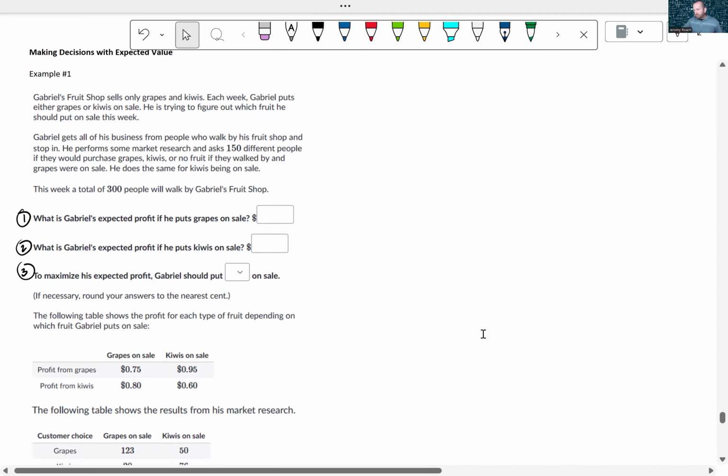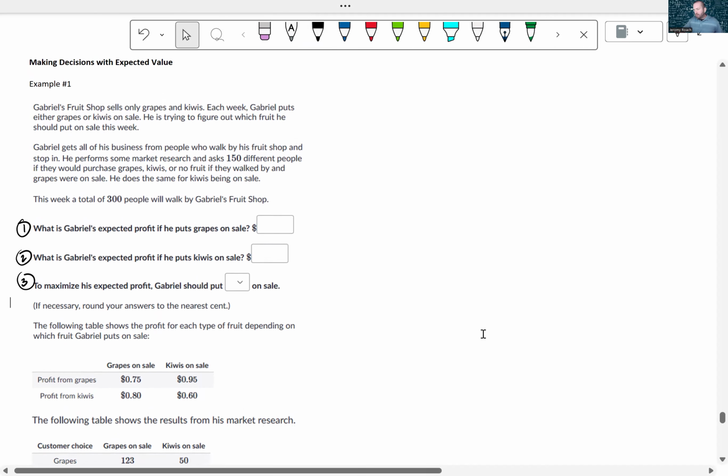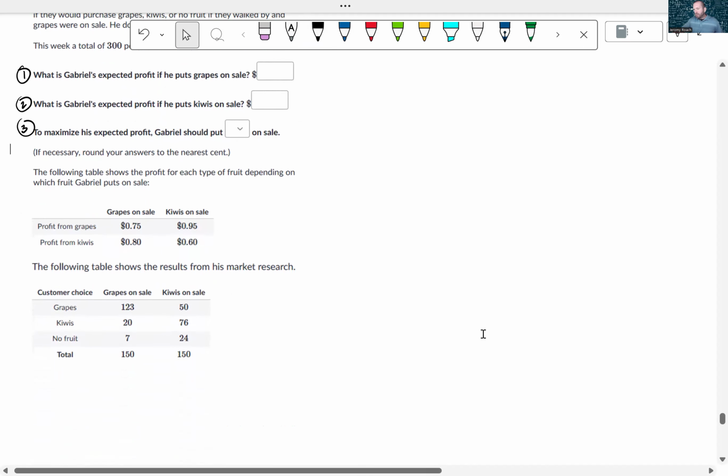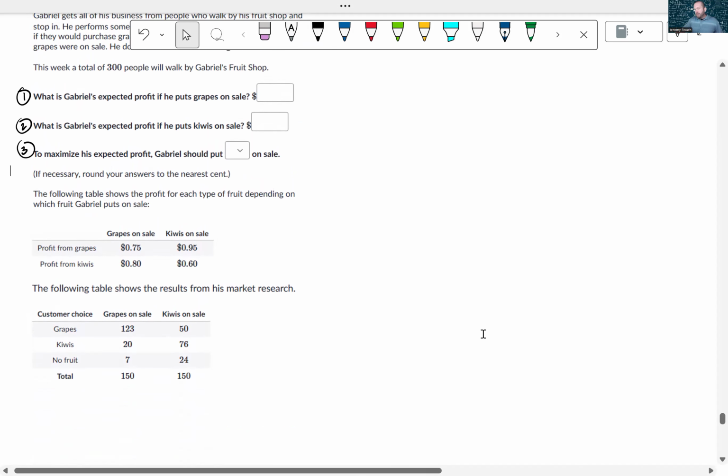So now we figured out how many people he's talking about. I think we can scroll down to this part now. This is data on the profit that he gets from the grapes when the grapes are on sale. And then also he makes profit when kiwis are on sale as well. And then the same thing, profit from the kiwis when the grapes are on sale and when the kiwis are on sale.